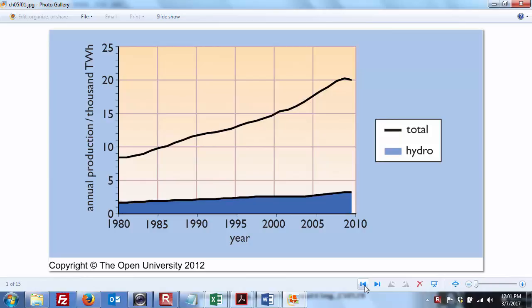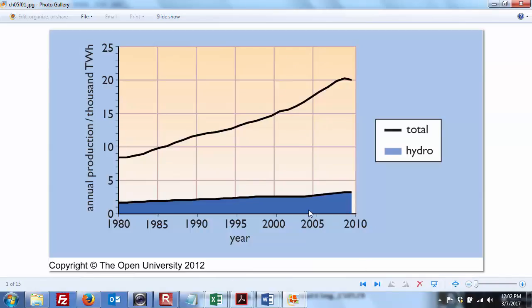takes us into hydro, and as is typical with the book, they take sort of a big picture stance first on what the annual production is.